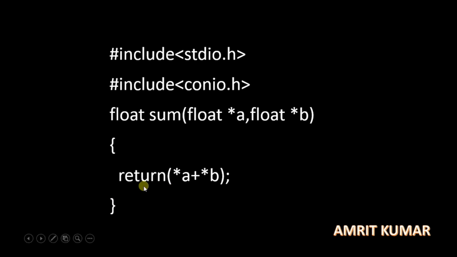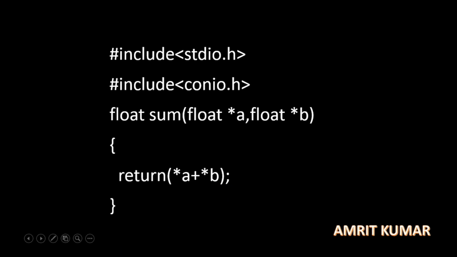In the return, we have used asterisk a plus asterisk b. Whatever value a contains and whatever value b contains is going to be added up, and the return is going to return that value to where it is called.